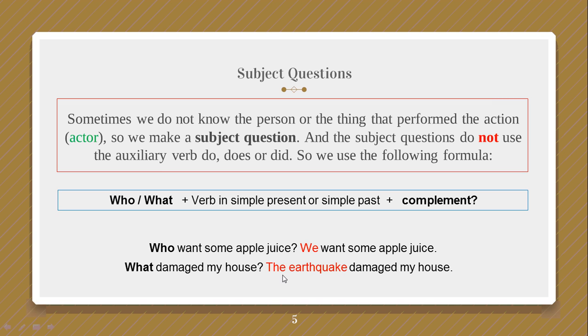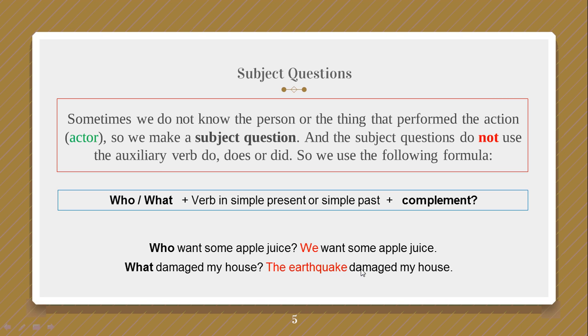What replaces the earthquake. What damaged my house? So everything that is before the verb, we can replace with a WH word. We do not use auxiliary verbs because they are before the verb.